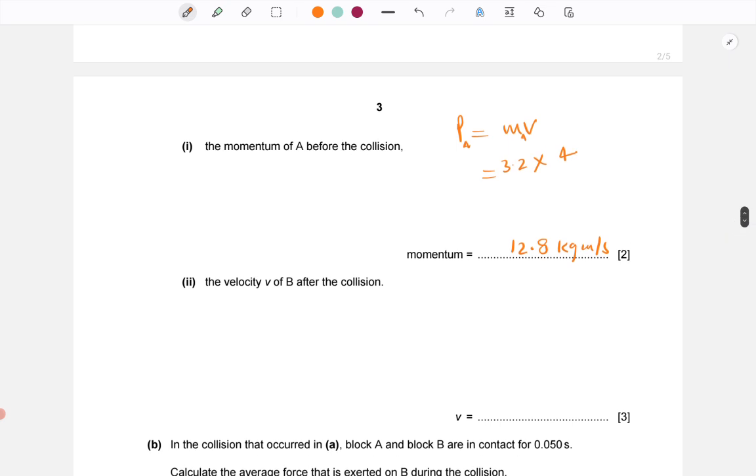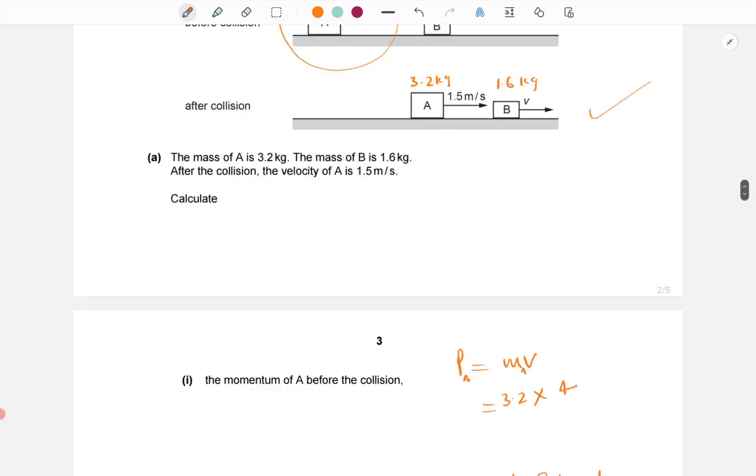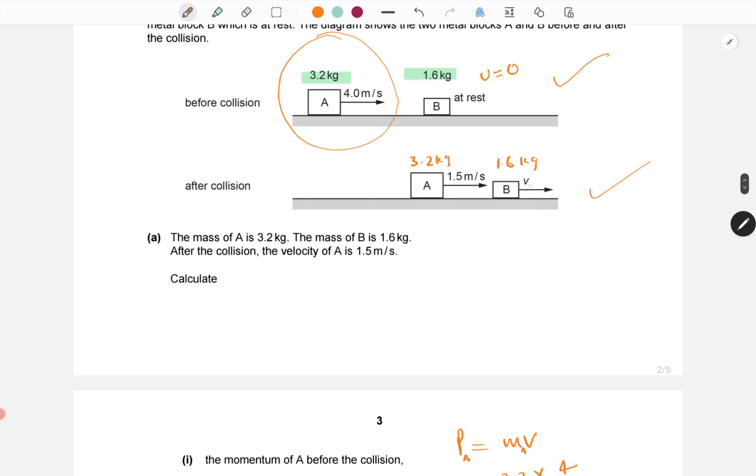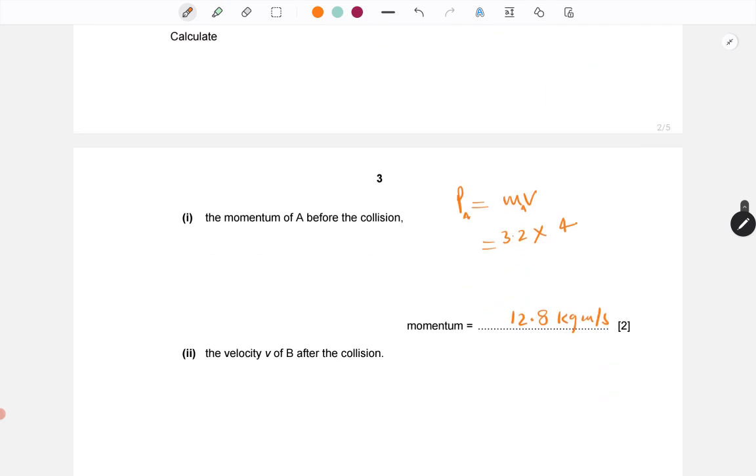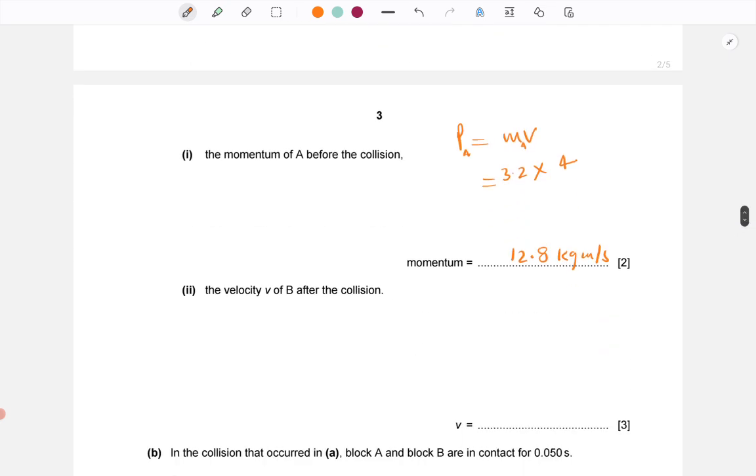Yes, the second part is pretty interesting because in the second part you have to use the conservation of momentum. In the second part we have to find this V. For finding V, we need to use the principle of conservation of momentum. This equation is very important.